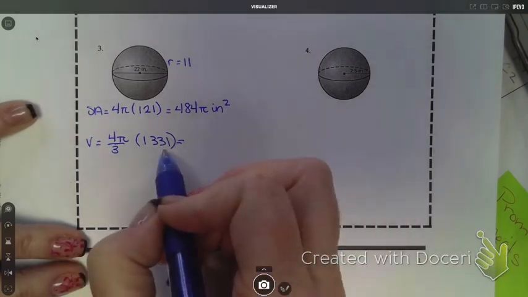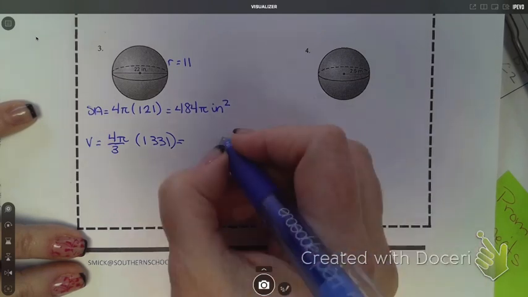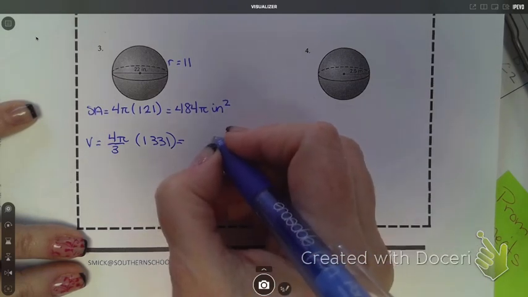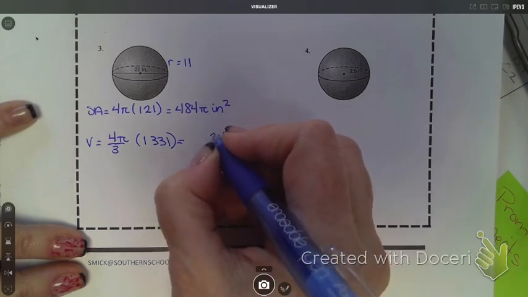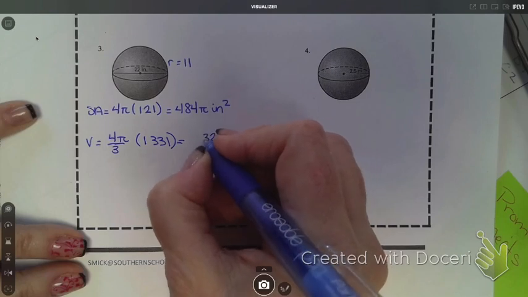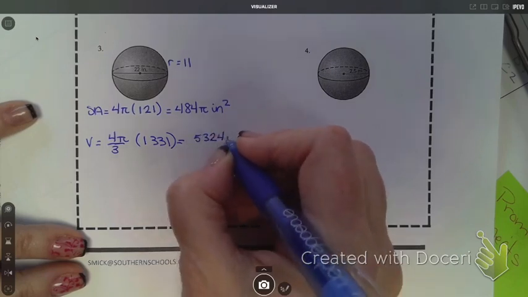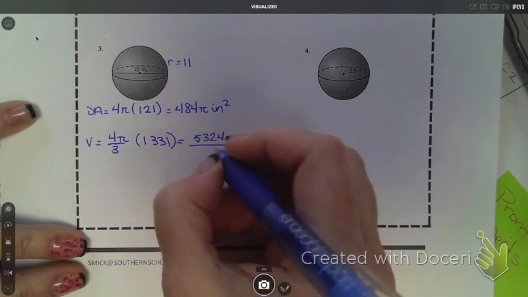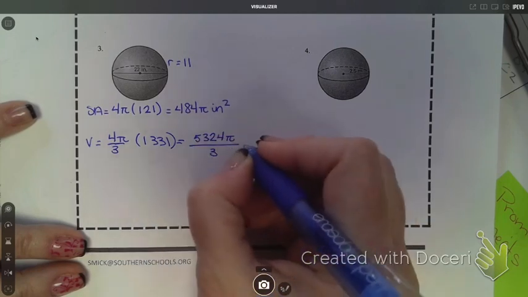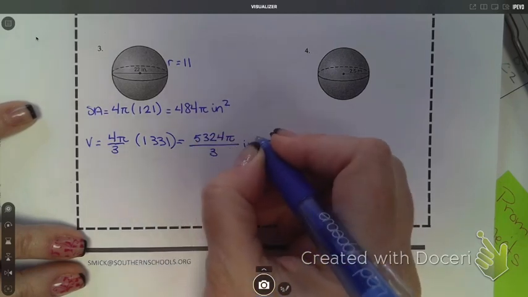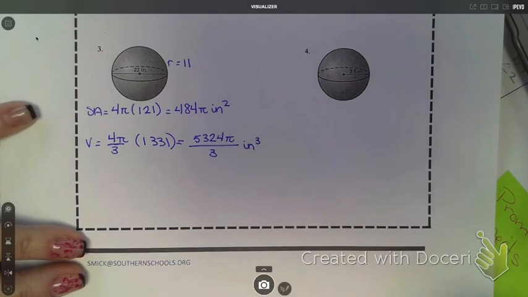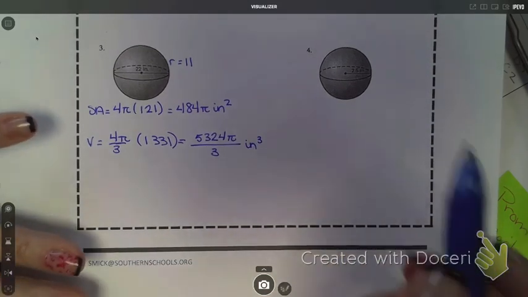So you have to cube 11, right? So then I get 4,... 5,324 pi over 3 inches cubed.